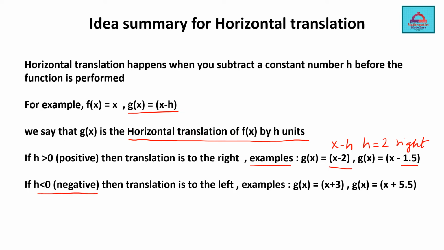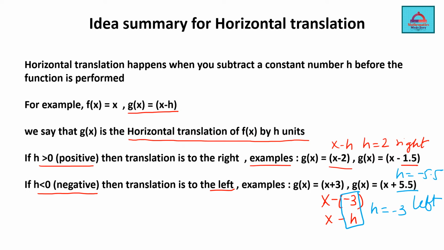However, if your h is negative, that means the translation is to the left. For example, you have x - (-3). Just compare this with x - h. So how much is your h? h is -3. Here h is -5.5. So the graph is going to move in the left direction by 3 units and 5.5 units respectively.